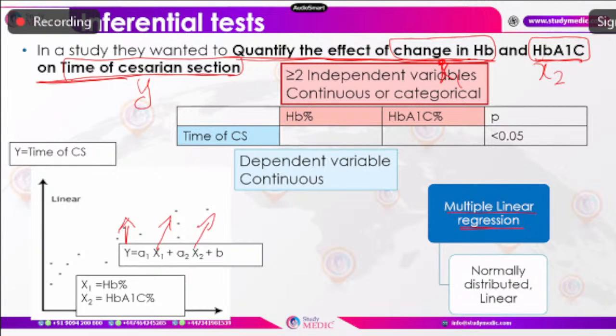It should not matter. Now a simple linear regression test is done when the dependent variable is continuous and there is only one independent variable, whereas a multiple linear regression test is done when the dependent variable is continuous and there are more than one independent variables.